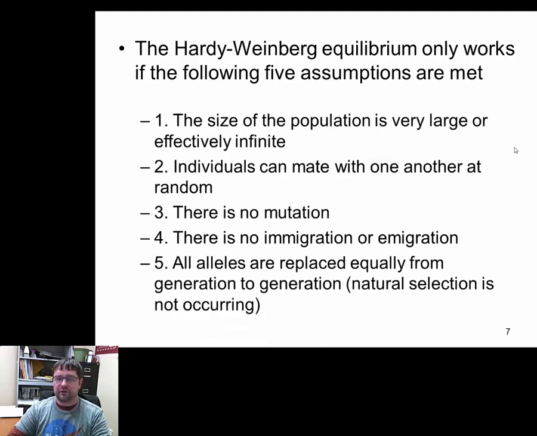And natural selection is not occurring. In other words, nature is not selecting for one type of allele versus another. So from generation to generation, the probability that one allele will survive versus another is the exact same. Natural selection is not occurring.